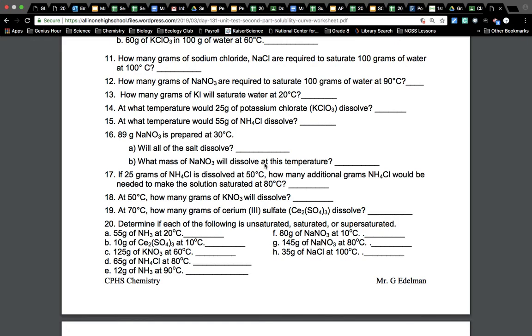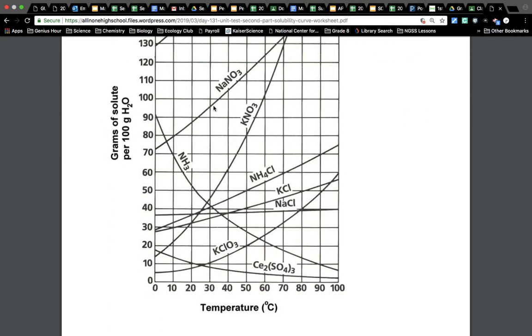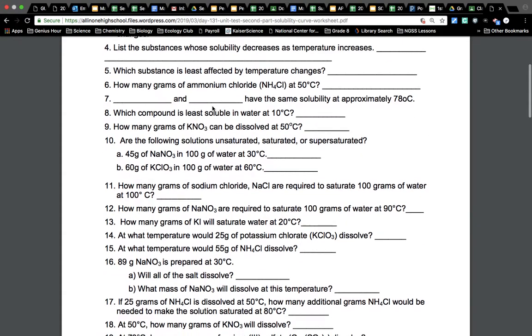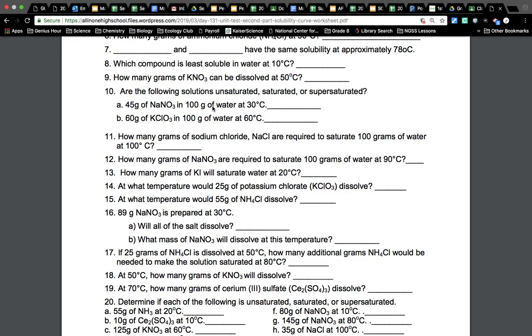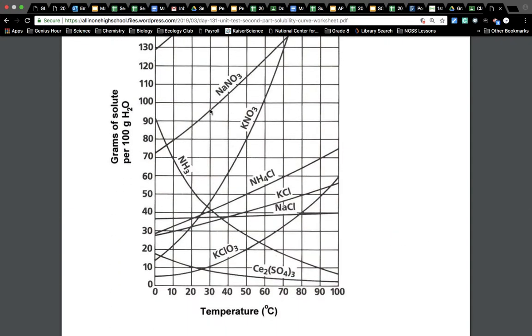16. If 89 grams of NaNO3 is prepared at 30 degrees Celsius, will all the salt dissolve? So we've got 30 degrees Celsius, 89 grams.